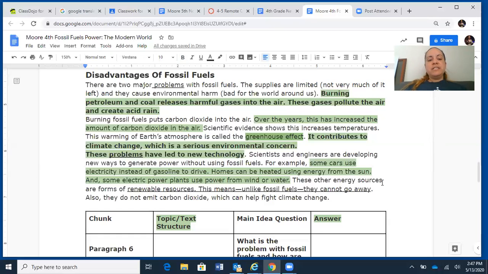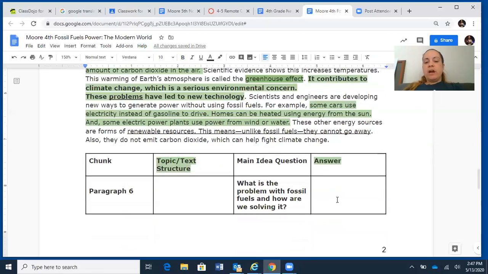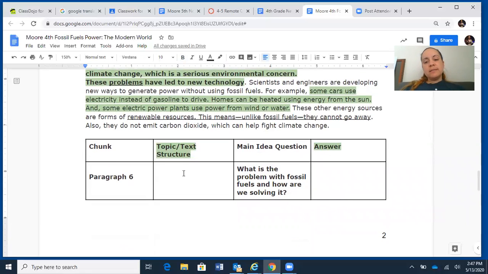These other energy sources are forms of renewable resources. This means, unlike fossil fuels, they cannot go away. We learned that already. Also, they do not emit carbon dioxide, which can help fight climate change. Okay, so we already talked about what the text structure was. Now the question, what is the problem with fossil fuels and how are we solving it?